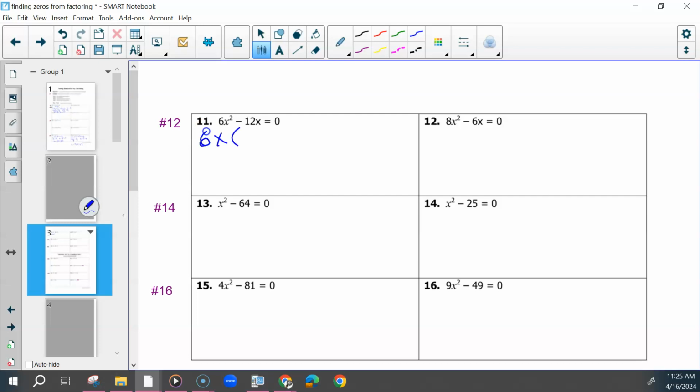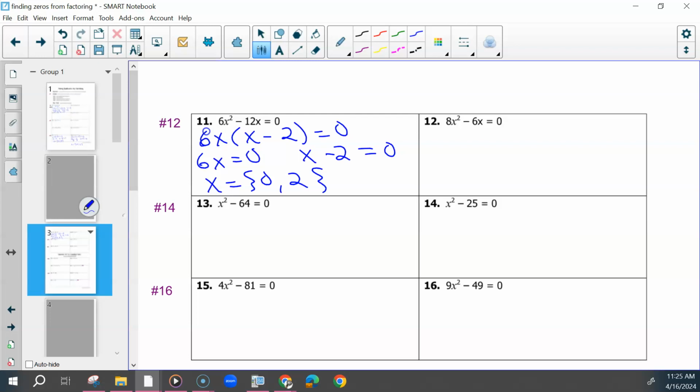What would be left? x minus 2. And then if we set these both equal to 0, what are our two solutions? 0 and 2. Okay, we could do 12 if you want to see that, but look at 13 through 16.